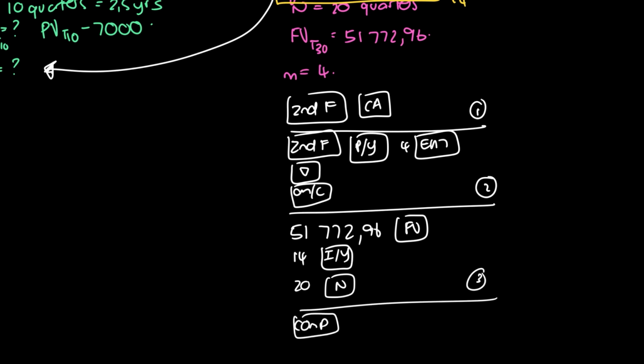And we ask it to compute our PV. And if it does that, we're going to get a value of minus 26,019.32. And we're going to store this in our calculator because we need it for our part 1 calculations.